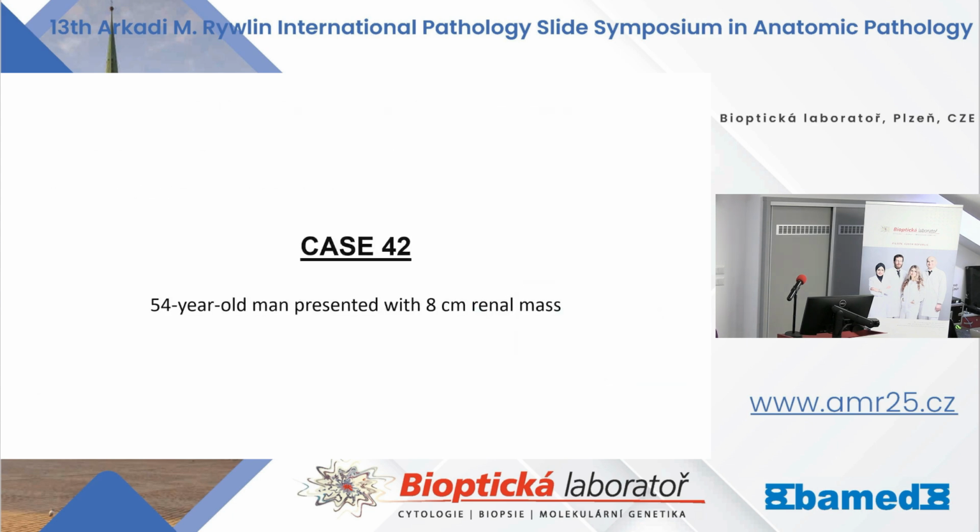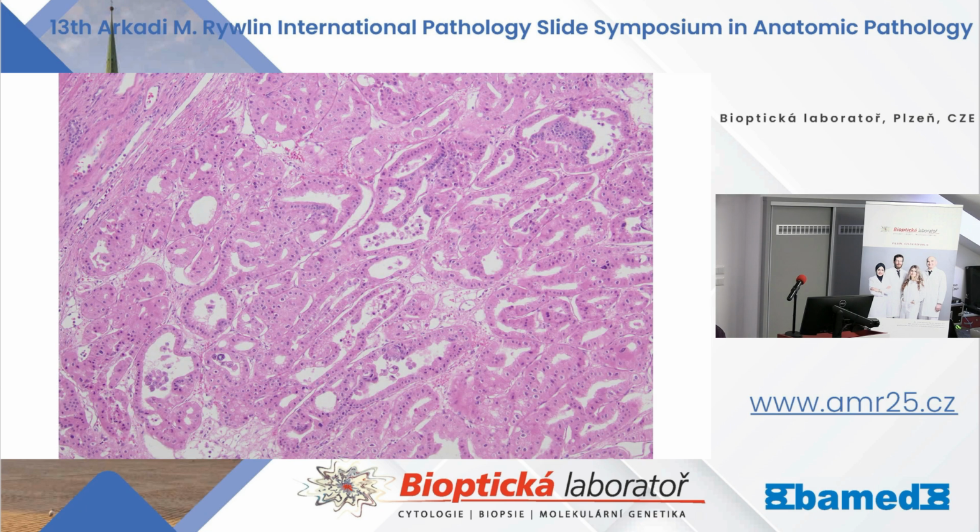So, case 42. This was a 54-year-old man who presented with an 8 centimeter renal mass. There was nothing significant in the macroscopic appearance. The whole kidney tumor looks relatively the same way, so we can skip directly to microscopy. Here you can see the tumor is from the spectrum of pink tumors of the kidney.